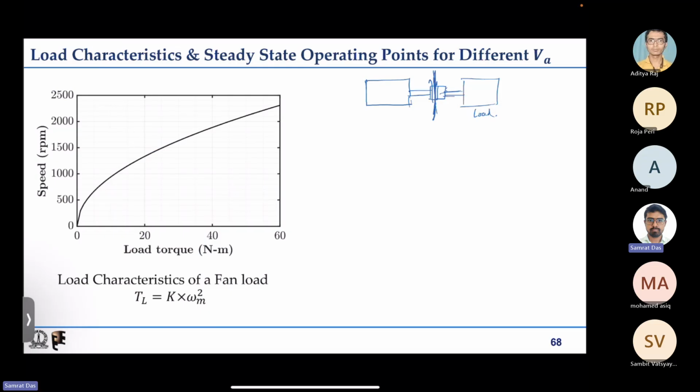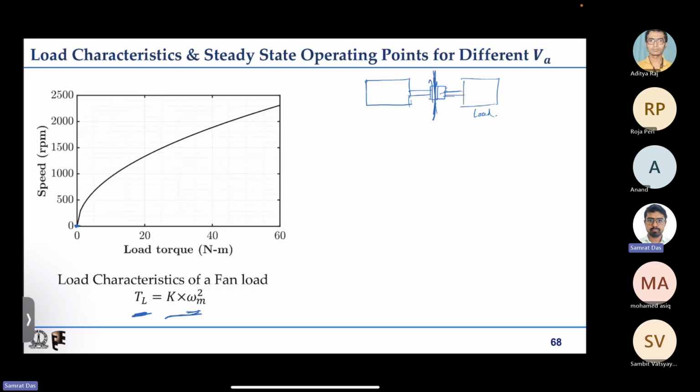A sample load torque speed characteristic is plotted here, where the load torque is proportional to the square of the speed, which is very typical for a fan type of load. So this is a parabola, and this is the load torque speed characteristic.